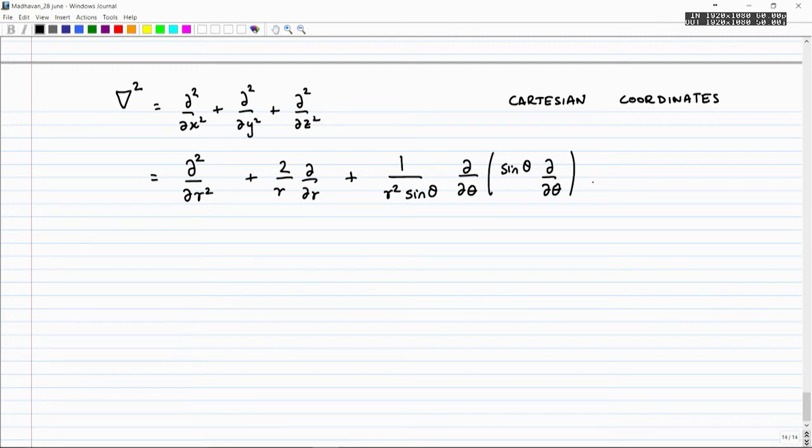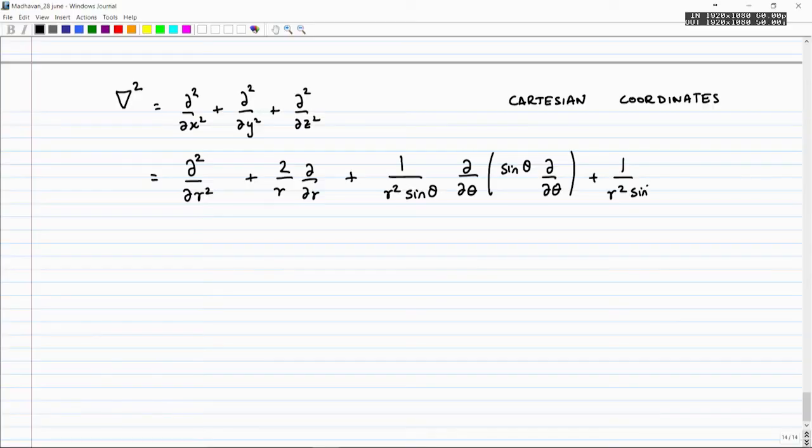And then you have a plus 1/(r² sin² θ) ∂²/∂φ². So this is the expression for the Laplacian in spherical polar coordinates.